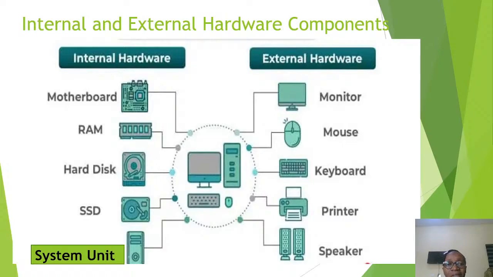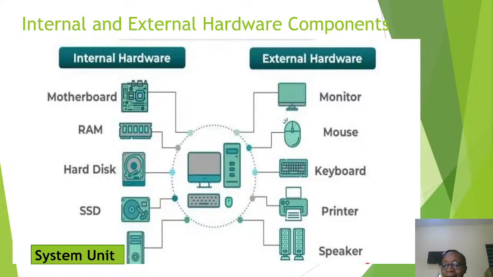That's another screen now. Internal hardware components and external hardware components. So if you look at the internal now, we see that the motherboard belongs to the internal hardware components. RAM is internal, hard disk is internal, SSD, solid state drive, is also internal.